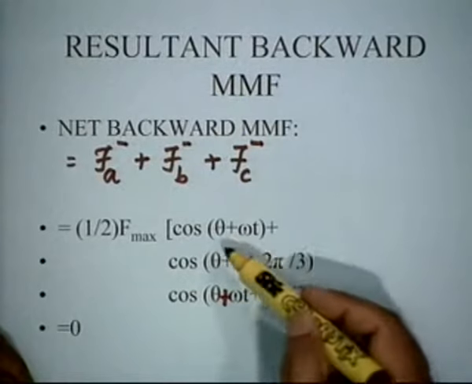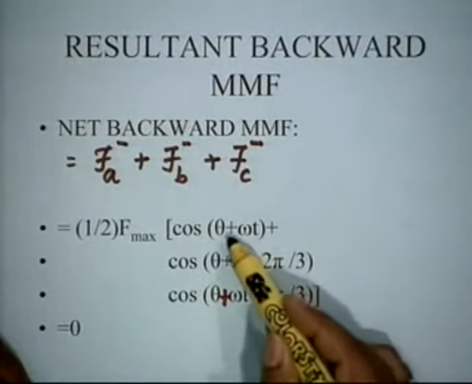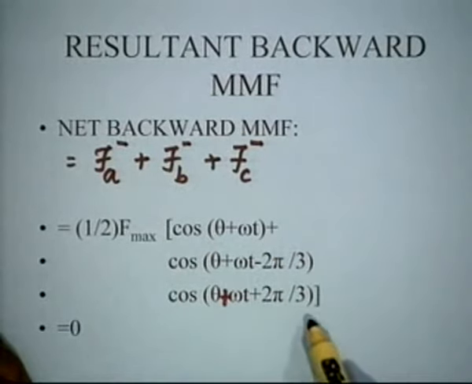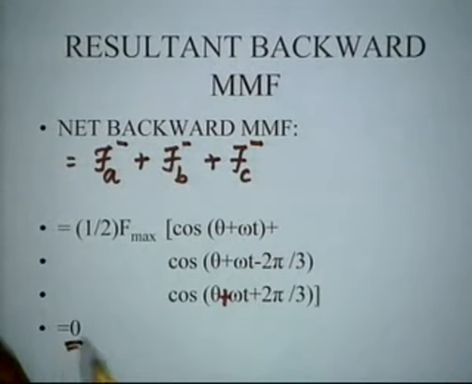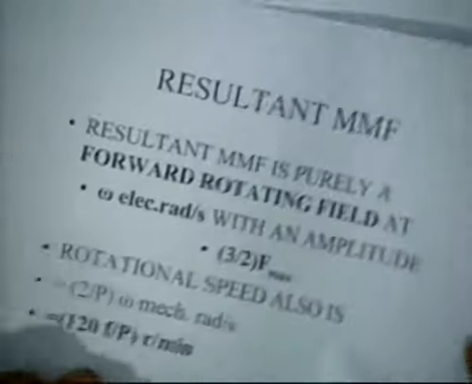So, you find the sum of these three terms will add up to 0, because they are, let us say, cos x plus cos x minus 2 pi by 3, cos x plus 2 pi by 3. Sum of this will become 0. So, the net backward field is 0. Therefore, a 3-phase winding with 3-phase currents will create only one forward field and no backward field.